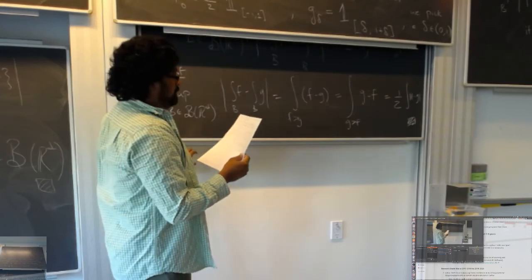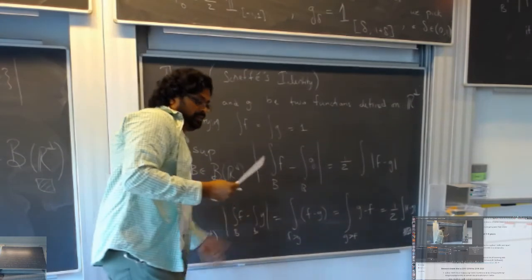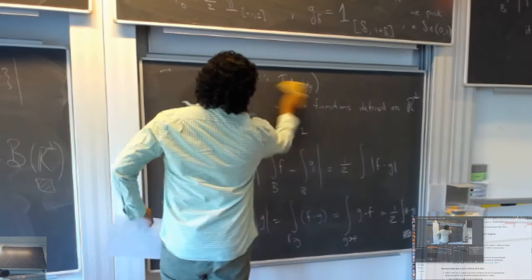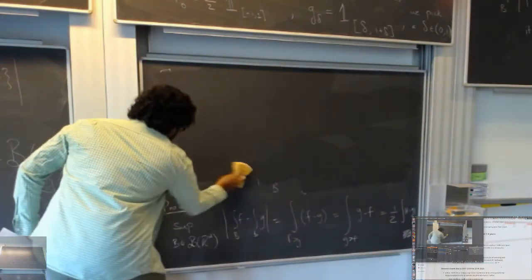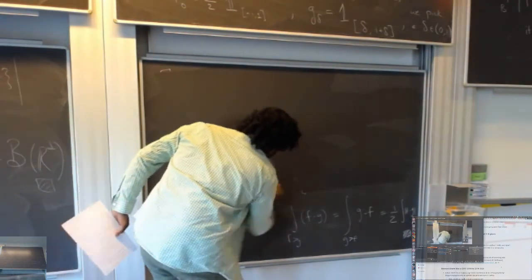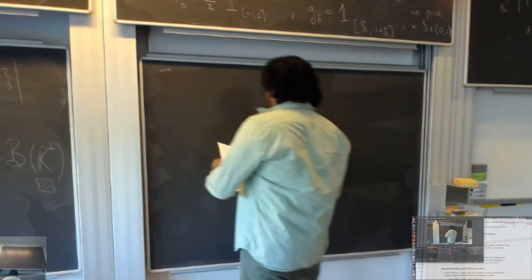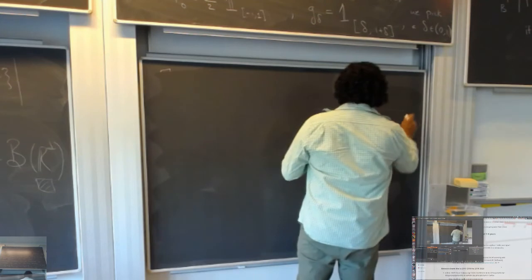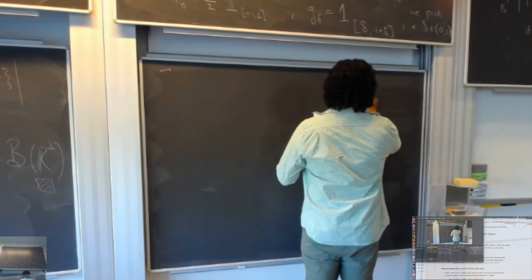Okay. So you can visualize that. Just a couple of lines. There's minus 1, 1, and this is half.